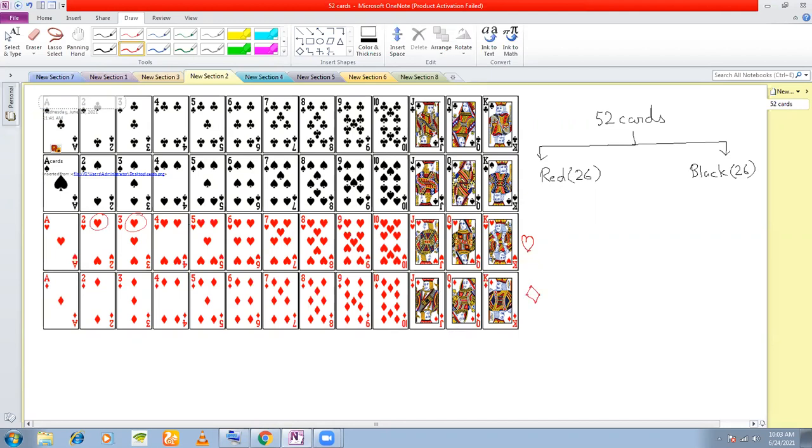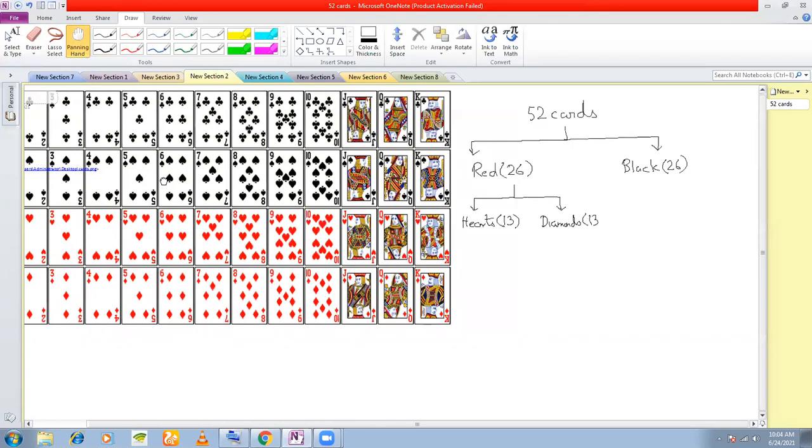So there are 13 diamonds. Therefore, red has been classified into 2: hearts, which is 13 in number, and diamonds, which is also 13 in number.